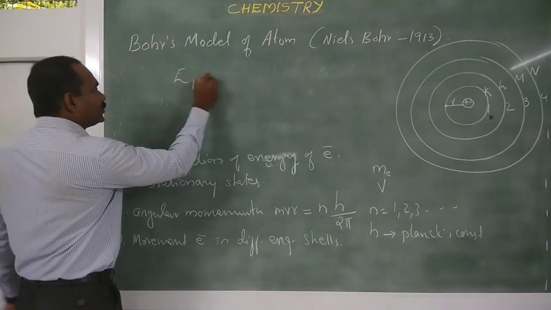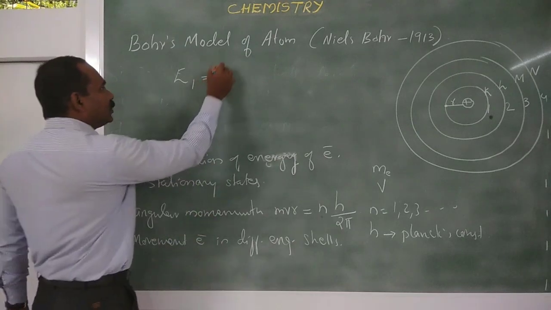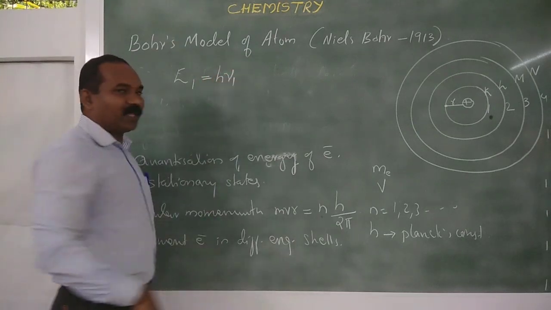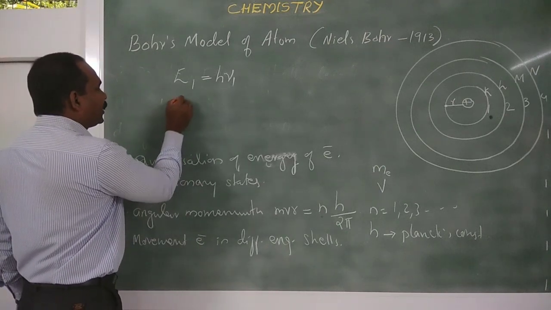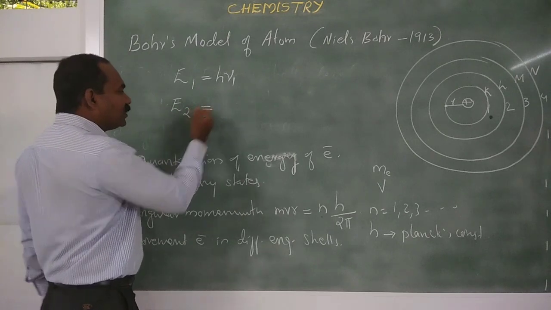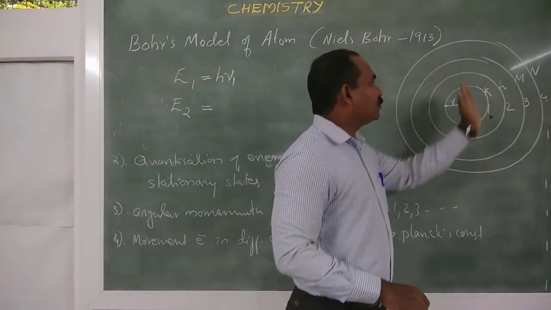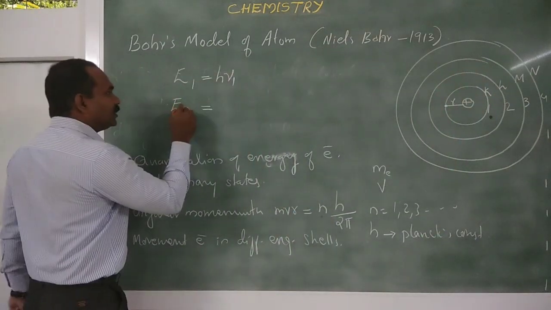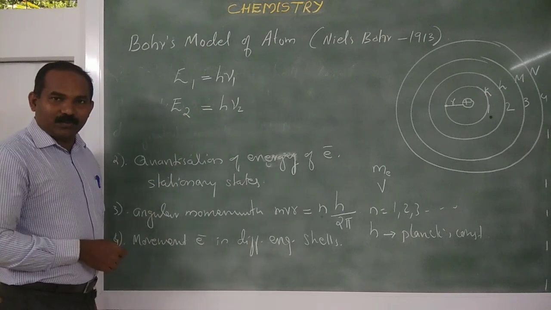What about the energy of that electron? It is directly proportional to the frequency, h nu 1. We have to take h nu 1. And the electron, by absorbing energy, jumps into the second level or higher levels. What is the energy of that electron in that level? It is h nu 2.